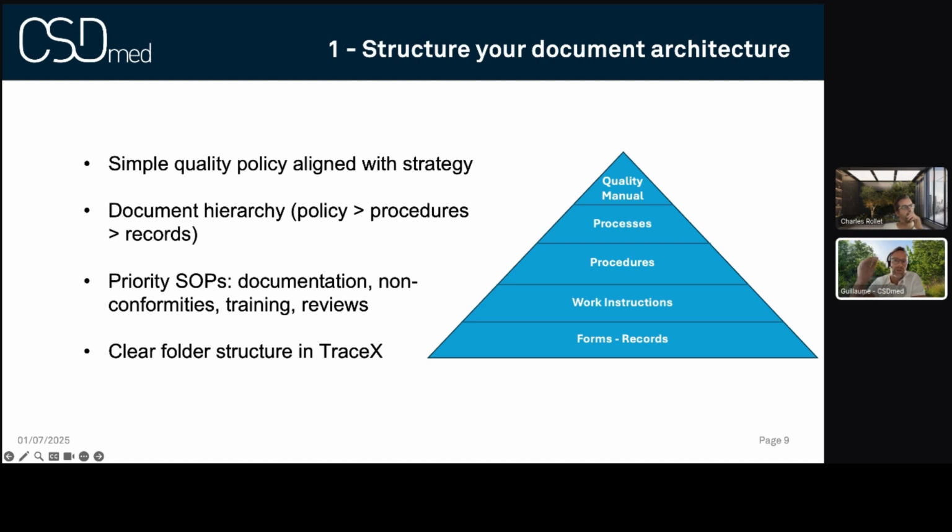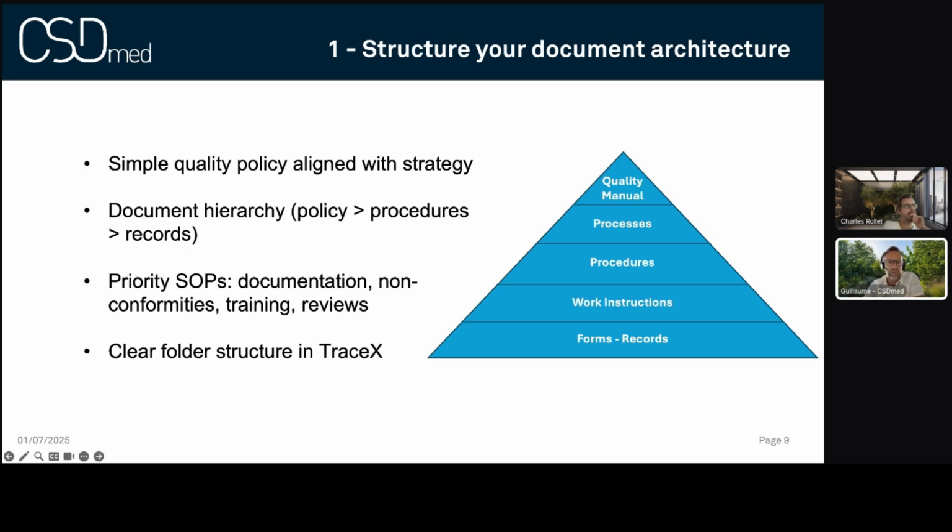And then you go down in granularity with your processes, your procedures, work instructions if needed, and then the templates. Remember, when you build your QMS, you don't need 40 SOPs on day 1. Just go to the essential: a simple policy, a few key procedures, well-designed templates. And TraceX lets you organize everything by category, owner, status, etc.